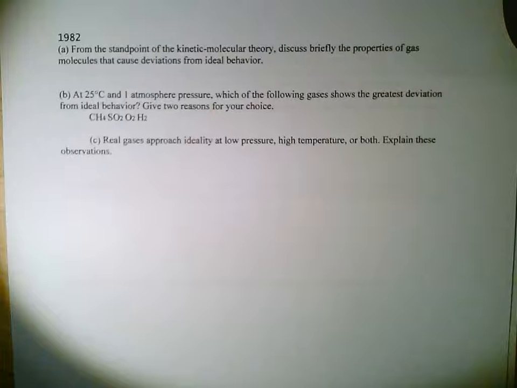Part 3. Real gases approach ideality at low pressure and high temperature, or both. Explain these observations. So here they're not asking you to tell them what the observation should be. They've already told you. So go with it. So let's deal with them one by one. At low pressure, the molecules would have the most distance between the individual molecules.